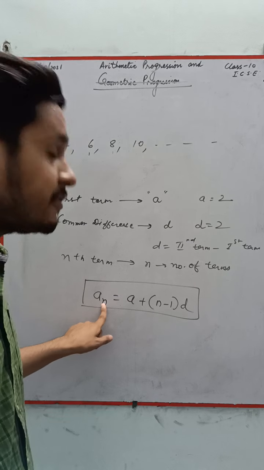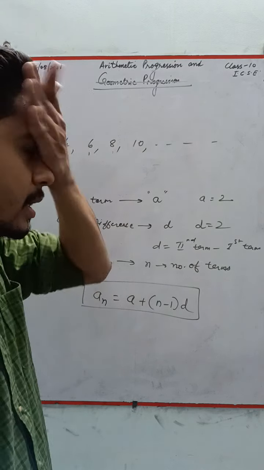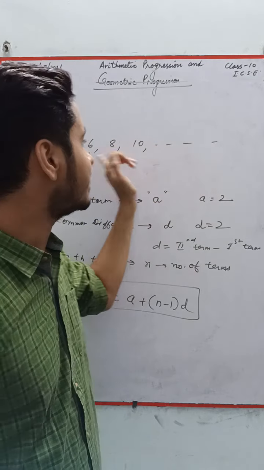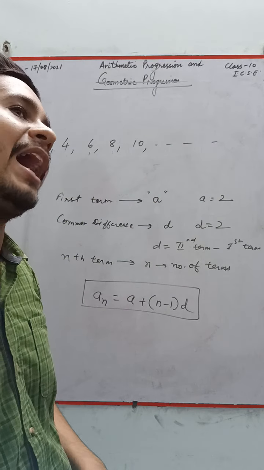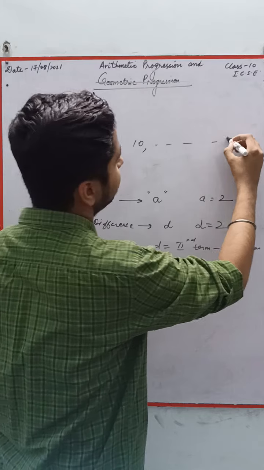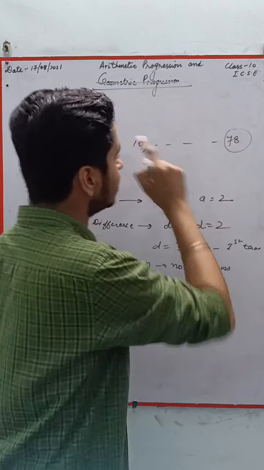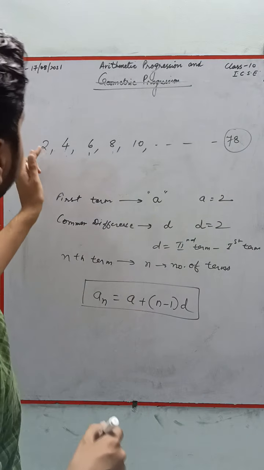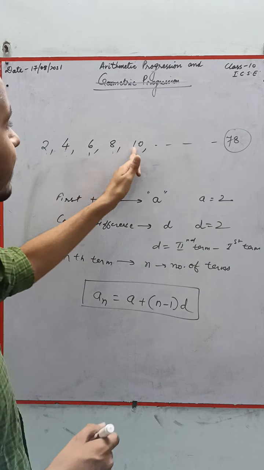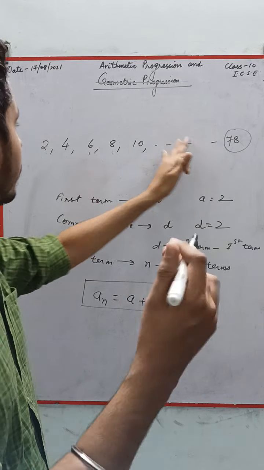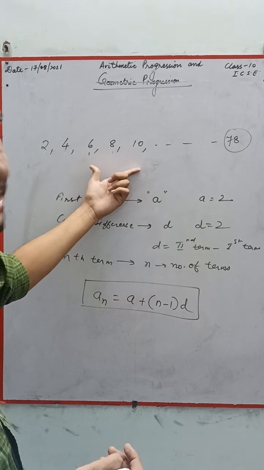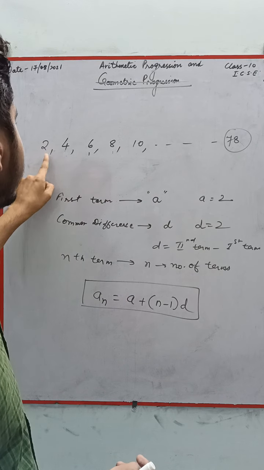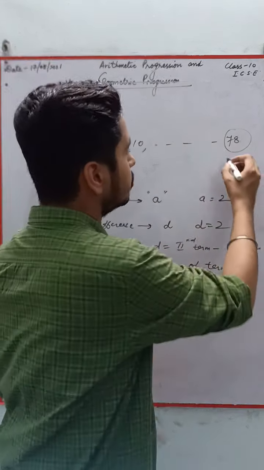An, say for example, if this is the series and I wish to find the 78th term of this particular series. So what a layperson will do, he will keep on counting like 10, 12, 14. Or, if this is a very easy progression, you can directly multiply 78 into 2.